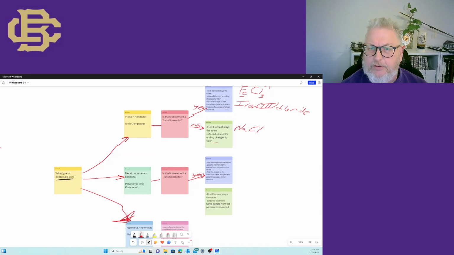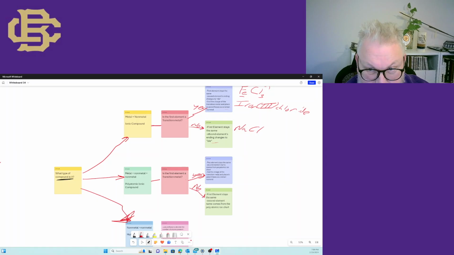If it's not a transition metal, then it's pretty simple. The first element stays the same, we name it. Then the second element's name comes from the polyatomic ion on the chart, and I gave that to you. You can use that on the test, but also on some of the periodic tables.